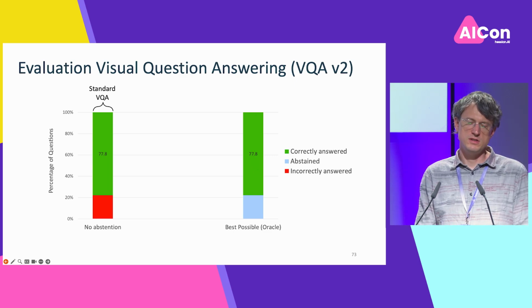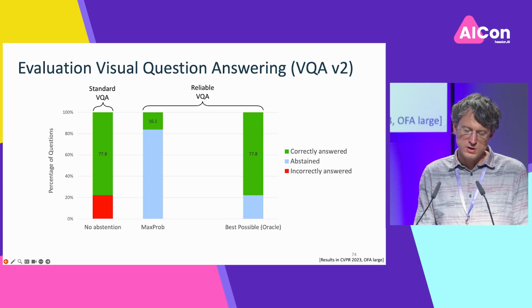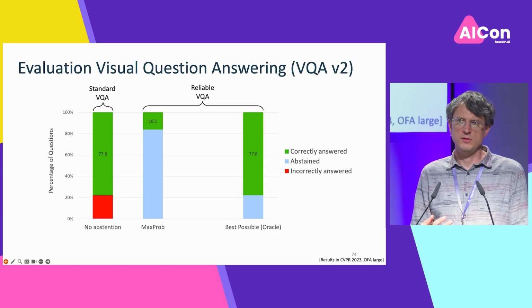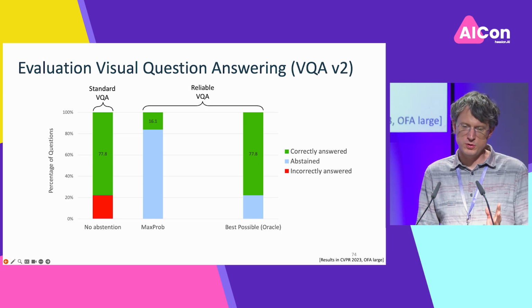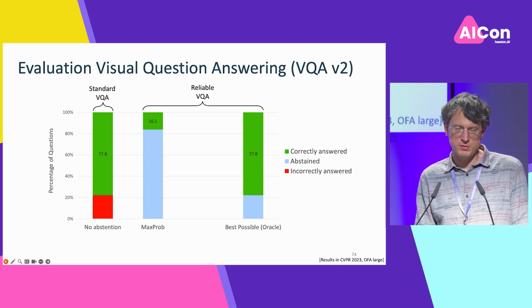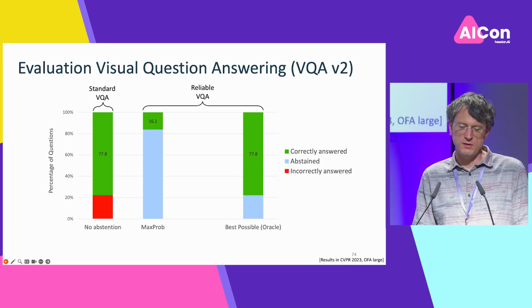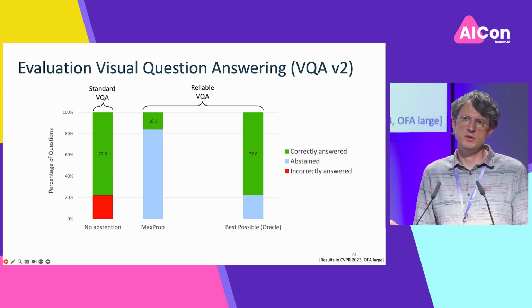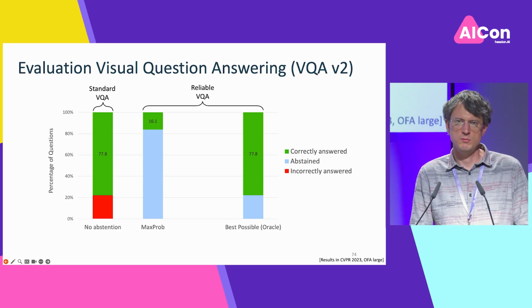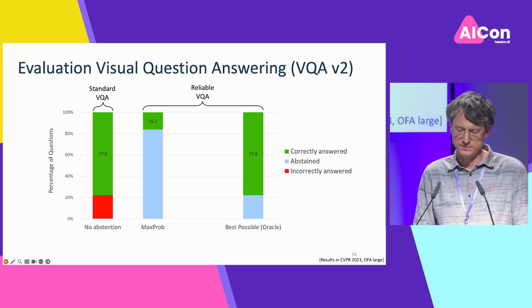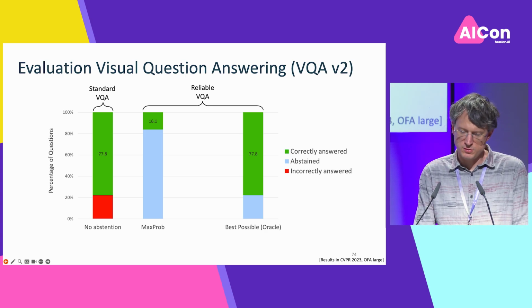But it turns out this is very difficult. If we use the model itself, so the probability or the output score of the model, it can only answer 16.1% of the questions if we want a very high chance of abstaining. In this case, we look at a risk of 1%, so it can only answer 1% of the questions incorrectly. Let me tell you a bit how we try to improve that.